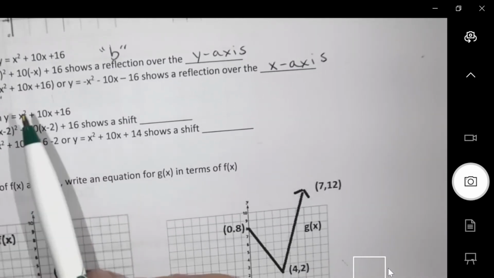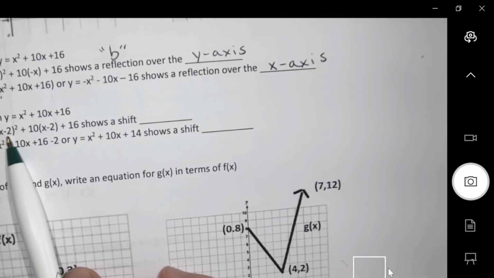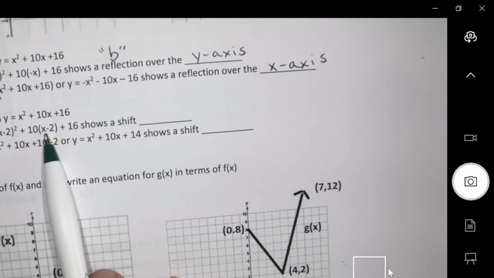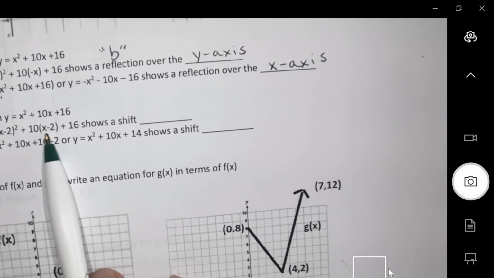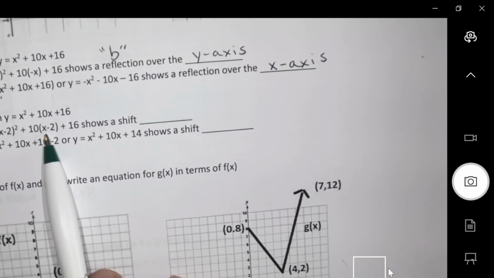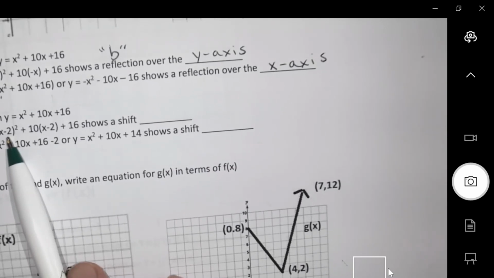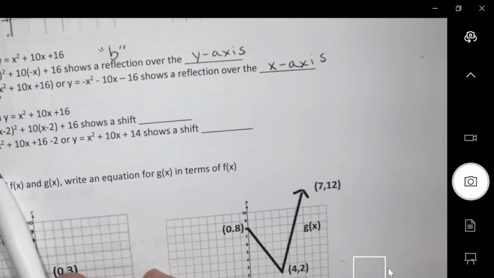Okay, now here, do you see what I did? Every time I saw an x, I subtracted 2. I saw an x, I subtracted 2. So I'm applying it to each x I see. So which A, B, C, or D is happening in that? Every time I see an x, I'm doing a subtract 2 with it.